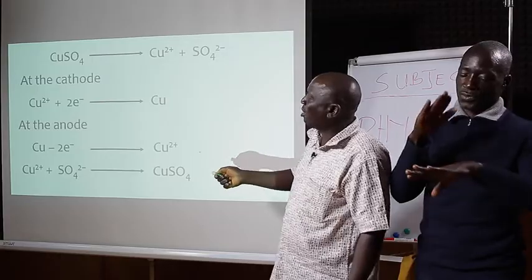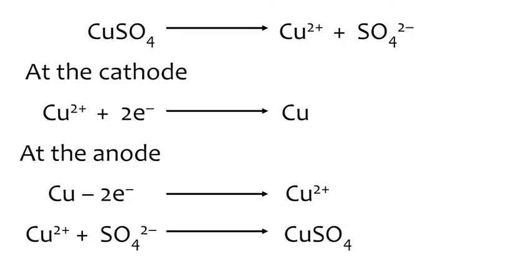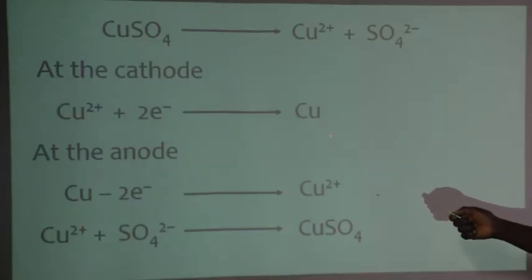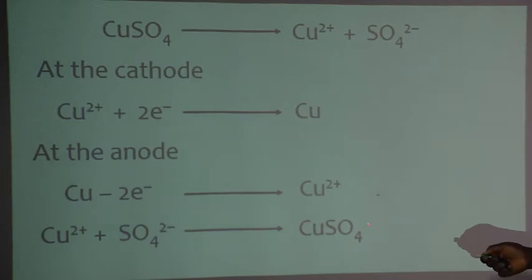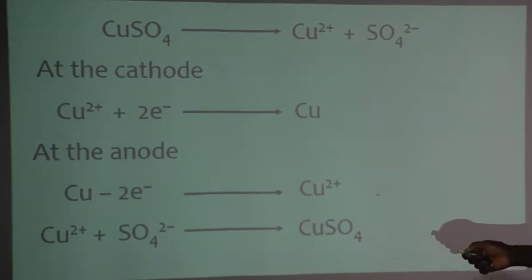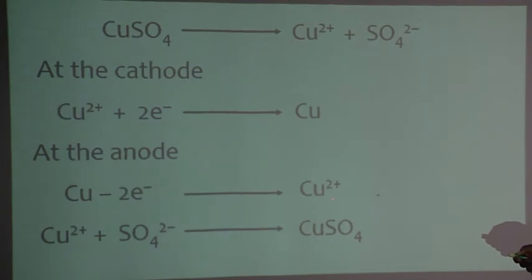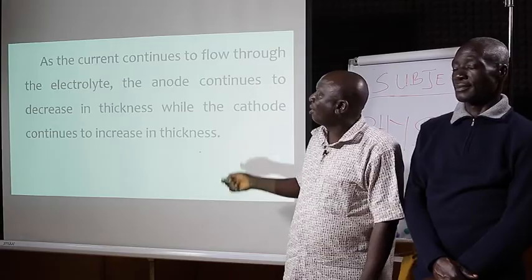At the cathode, copper ions gain electrons and become copper atoms, neutral atoms. Then at the anode, copper loses electrons to form copper ions. Now, these copper ions combine with sulfate ions to form copper sulfate solution.